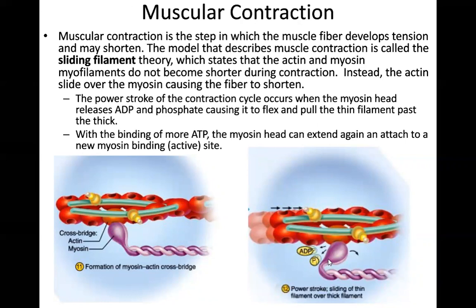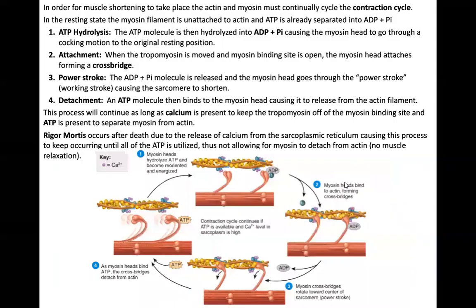Now at this point, we've done all we can with this thick filament in this state. So we're going to have to release that connection, that cross bridge between the two, so that we can go back to a cocked position, which is one of the steps of our cross bridge cycle that I'm going to discuss on this page.